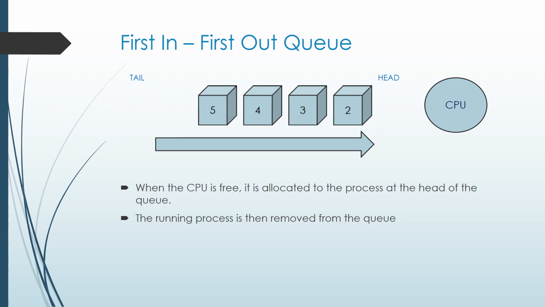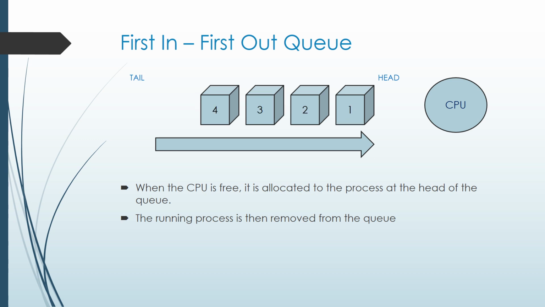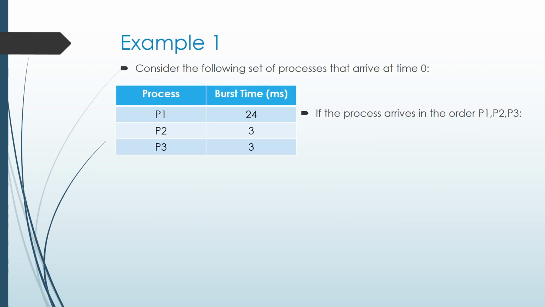So process 2 now becomes our head, and process 5 becomes our tail. Now, let's say there is another process that will be put in the queue. It will be placed at the end and will be the new tail. So that is how a first in, first out queue is being implemented.